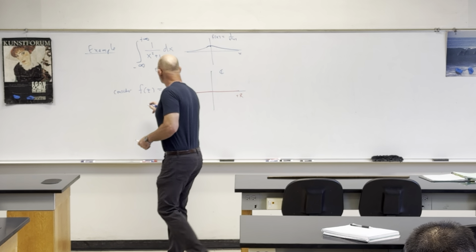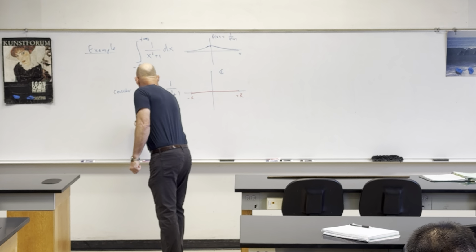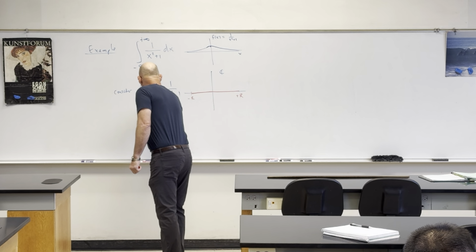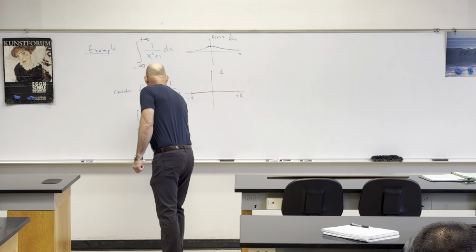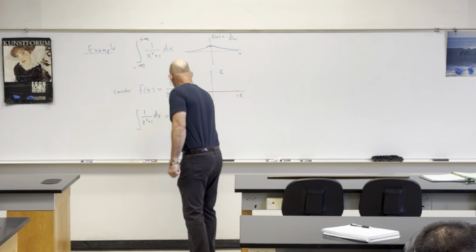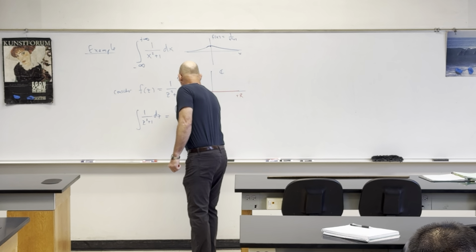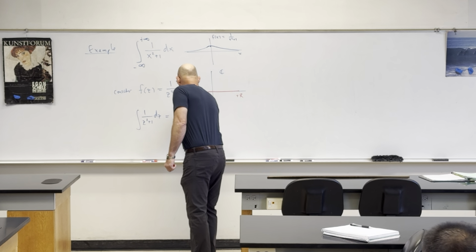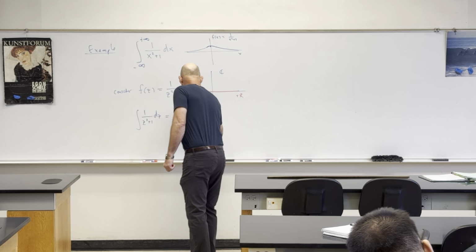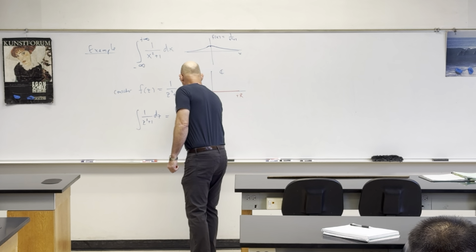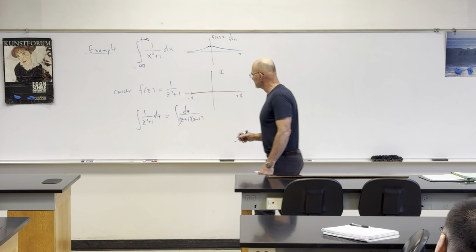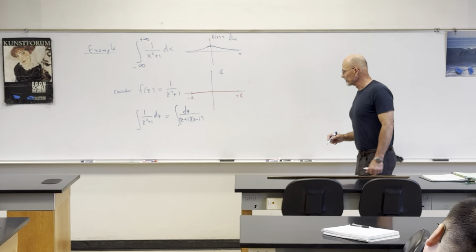So in the complex plane, now let's look at this. The integral of 1 over z squared plus 1 dz equals the integral of 1 over (z plus i) times (z minus i), with the dz right there.